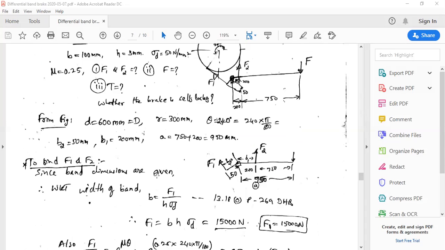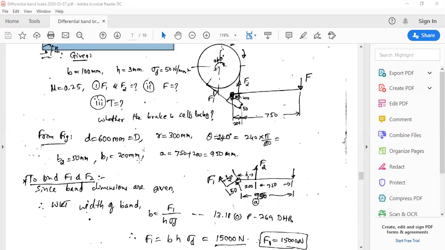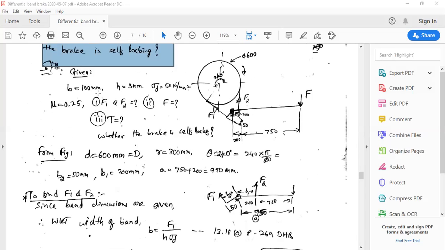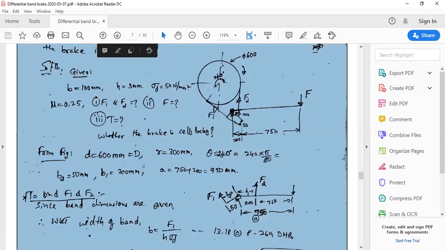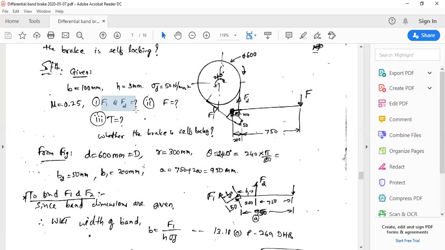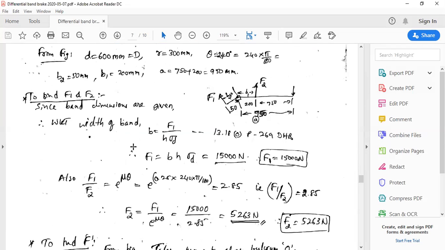If the torque value or the power value is known, then we can proceed with the rest of the calculations according to the general procedure. But here, the first step itself asks us to calculate F1 and F2, the tight side tension and slack side tension.